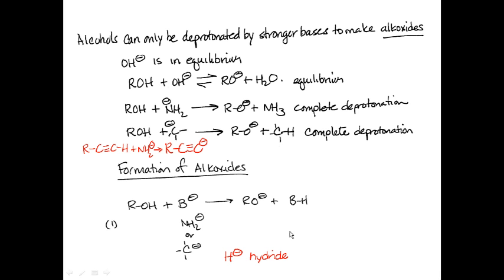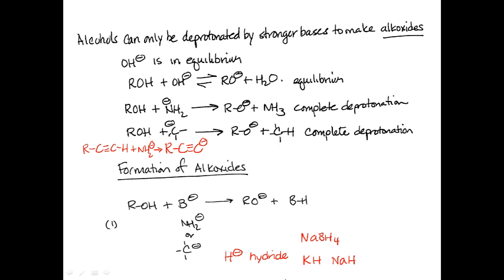Now, where did we see hydride ions last semester? We saw them in sodium borohydride, which was a reagent that we used in some of our alkene addition reactions. But actually in this case, the hydride I would use is either potassium hydride or sodium hydride.